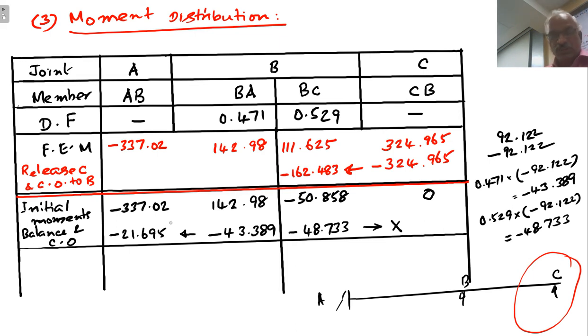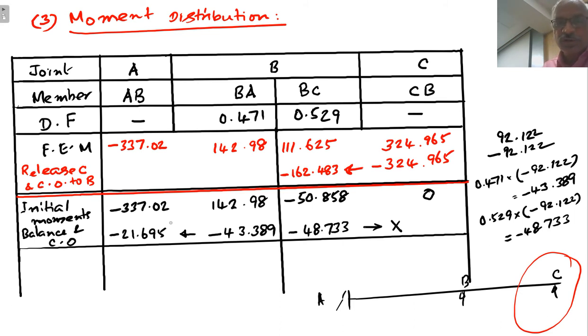Actually, the carryover is to be done in the next line, not in the same line. The second line is meant only for balancing, because I have done the carryover in the same step for a reason that I will tell you now.